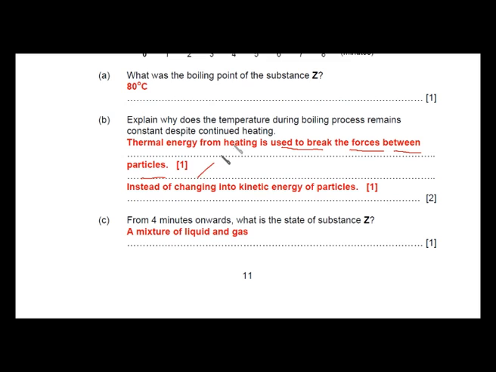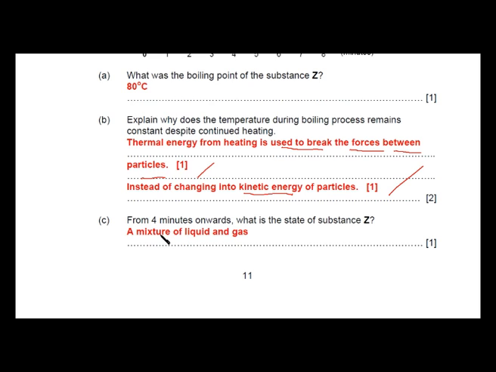If I see this, I'll give you 1 mark. Instead of changing into kinetic energy of particles, or you can say that the kinetic energy does not increase during the boiling. If I see that the kinetic energy does not change, I will give you another mark.